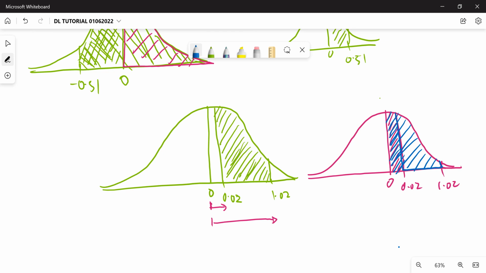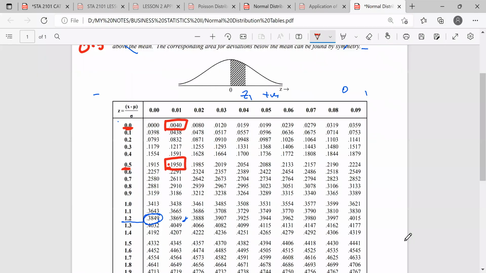So if you want the part that is shaded, you just need to take away. So probability that Z lies here, 1.02. I will start with the larger area. When Z is 1.02, so 1.0 is here, 1.02 is here, 0.3461.